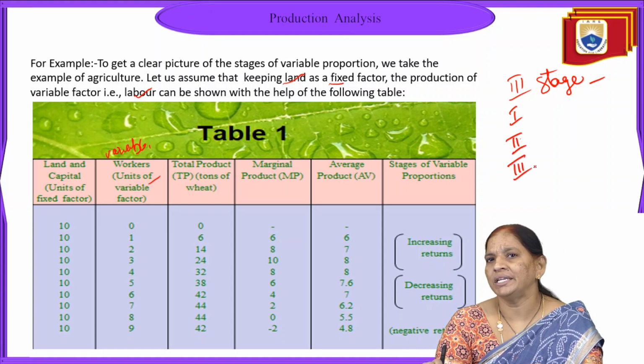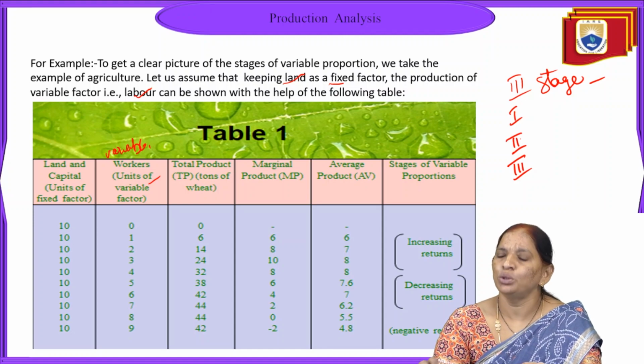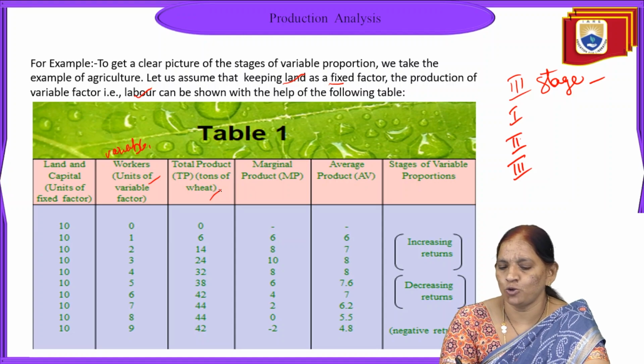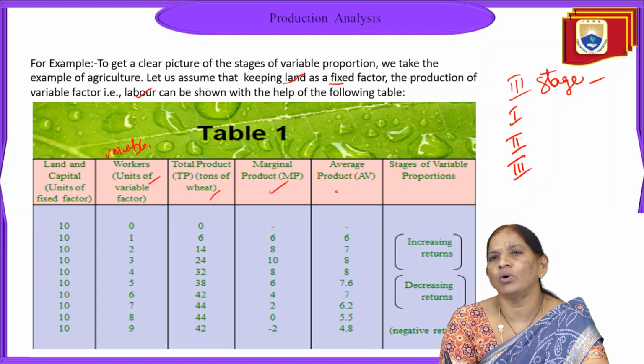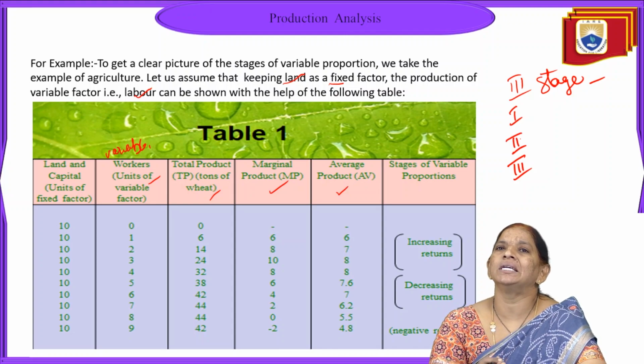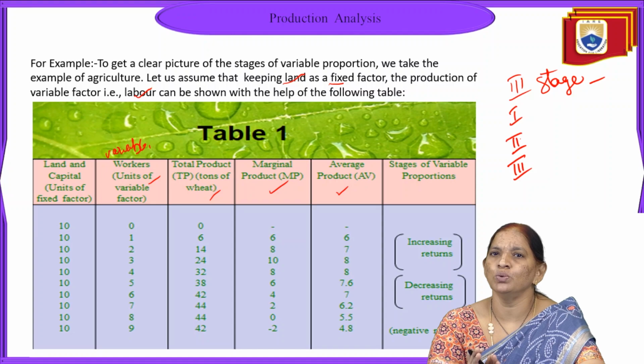When I want to identify these 3 stages, we have to identify them through what happens to the total production, what happens to the marginal production, and what happens to the average production. So first we should identify what the total production is. Total production means the total tons or the total amount of goods produced in a particular period or time.